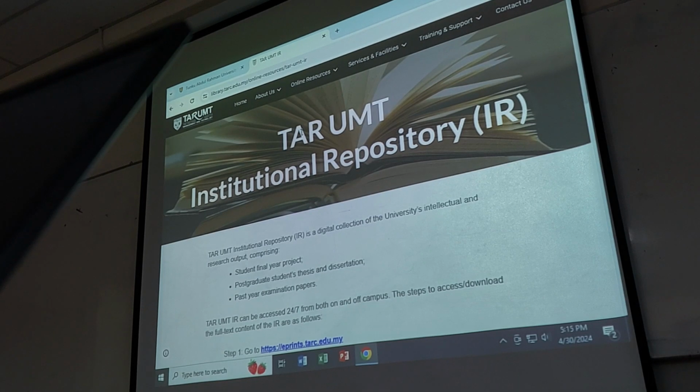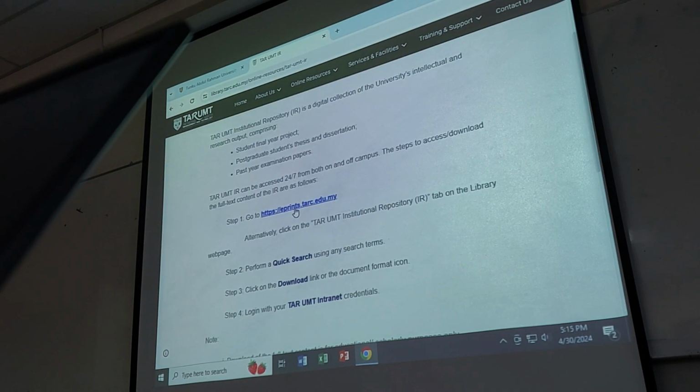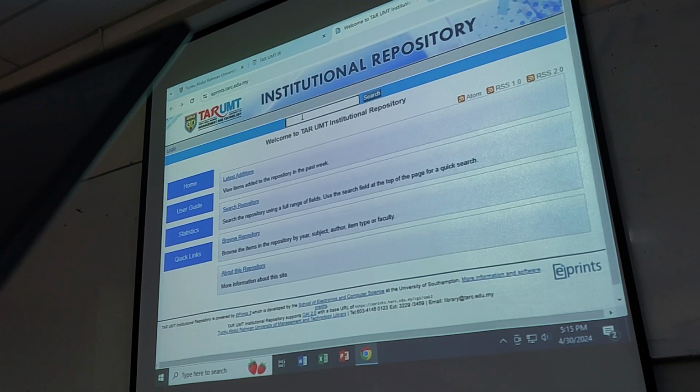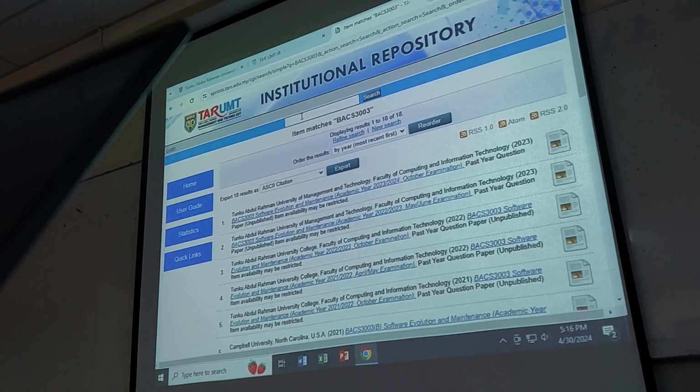Group 1 at the back, can move to the second row here, so that you can see clearer on the question.